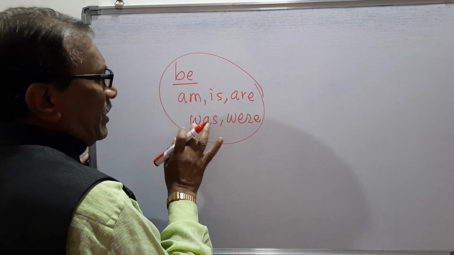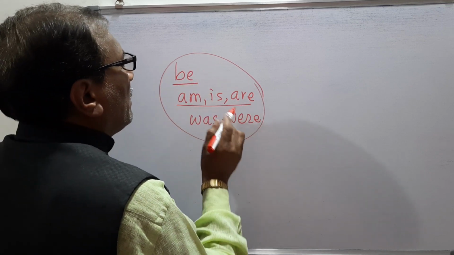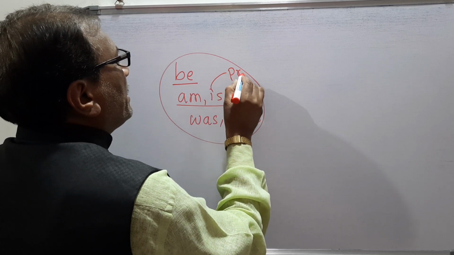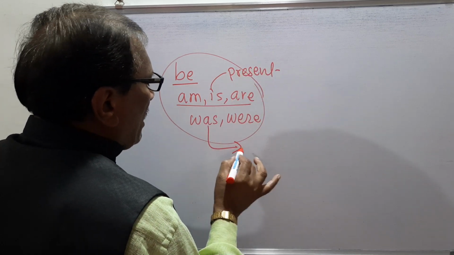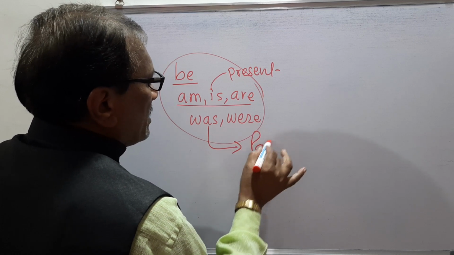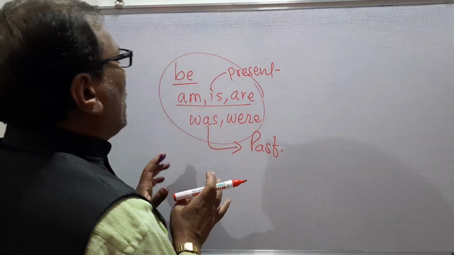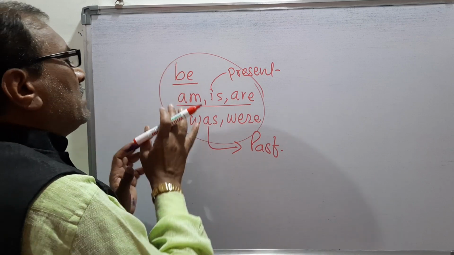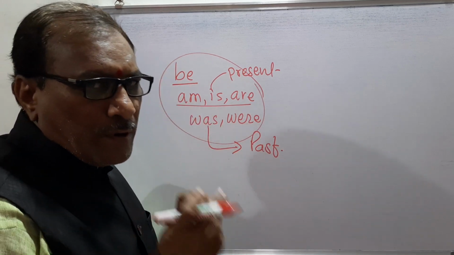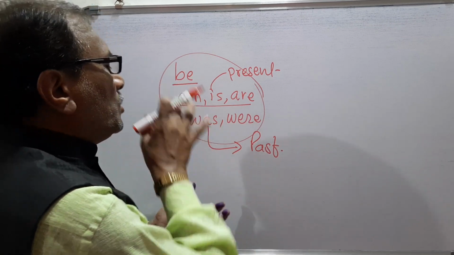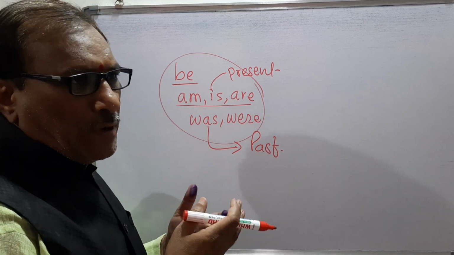Am, is, are are in the present tense, and was, were are in the past tense. So today we have seen the primary helping verbs and their usage as the main verbs.